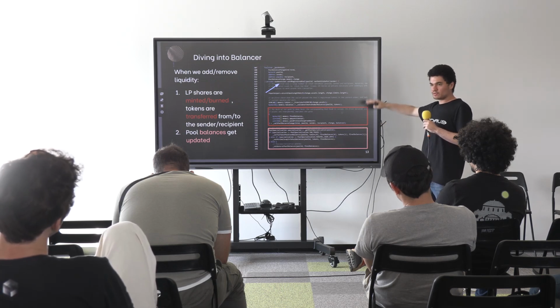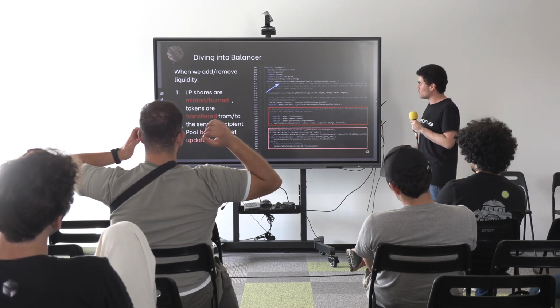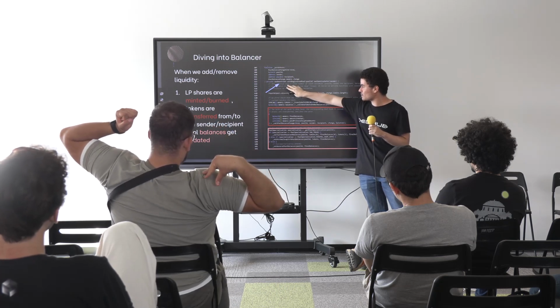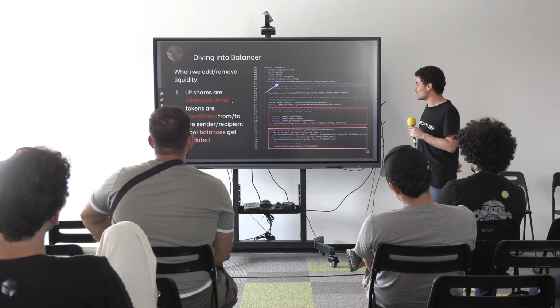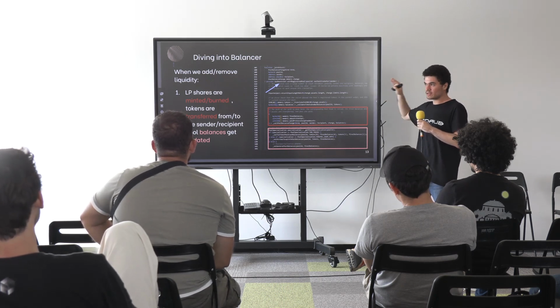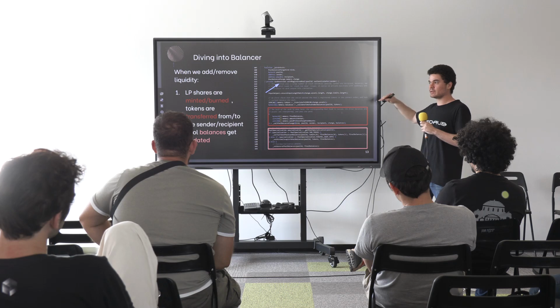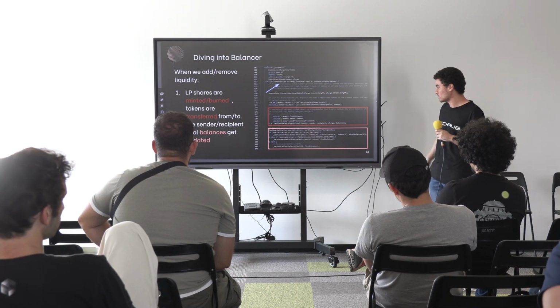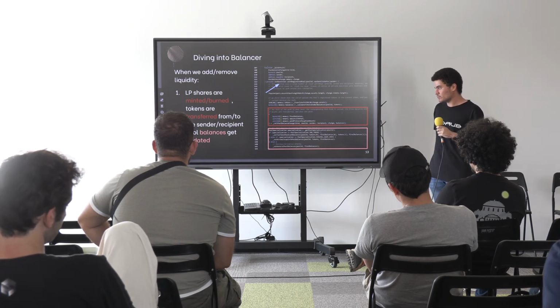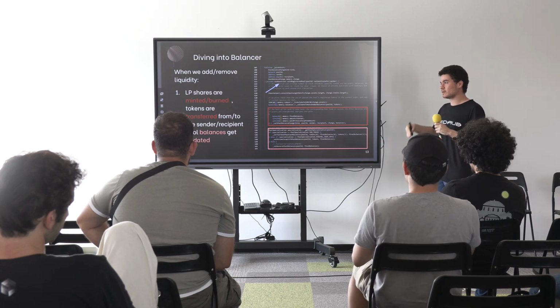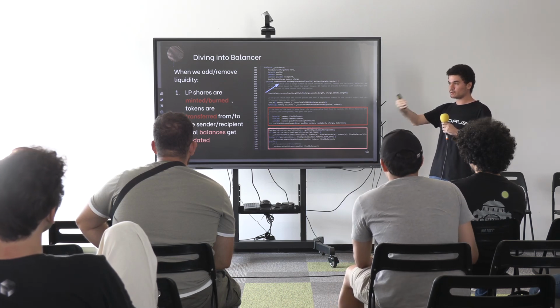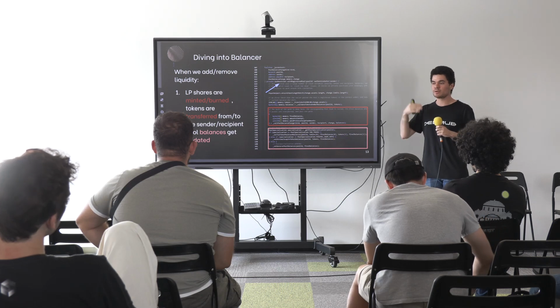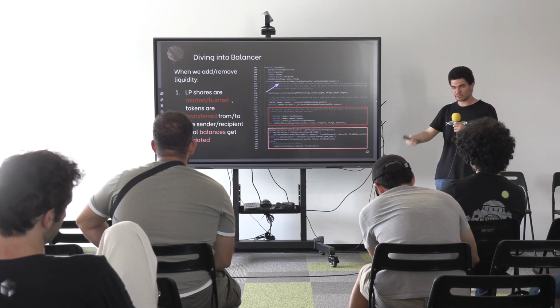This snippet of code right here, you don't have to dive into it very much. You have to take notice that it's guarded by a reentrancy guard, and you have to know that it's called upon every deposit or withdrawal in a Balancer pool. What those marked areas do: the red one will call into the pool, and your LP tokens will be burned or minted to you.